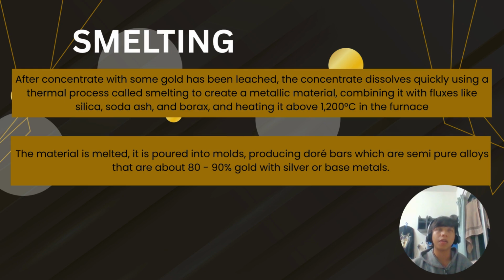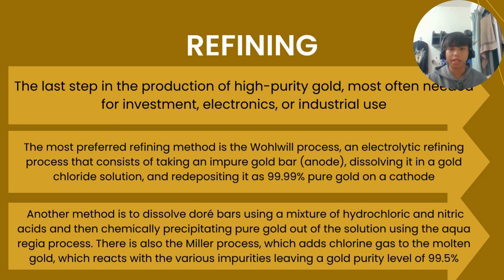There is also an addition we call slag. So the next step is refining, the last step in the production of high purity gold, most often needed for investment, electronics, or industrial use. The most common refining method is the Wohlwill process, an electrolytic refining process that consists of taking an impure gold bar, in brackets the anode, dissolving it in a gold chloride solution and redepositing it as 99.99 percent gold on a cathode.